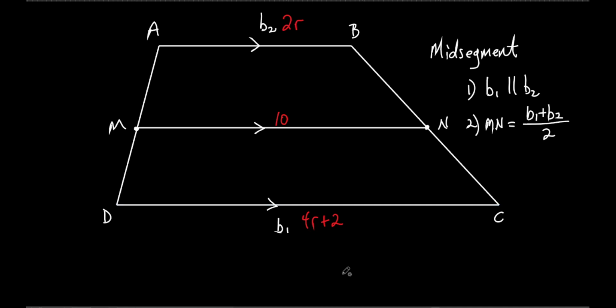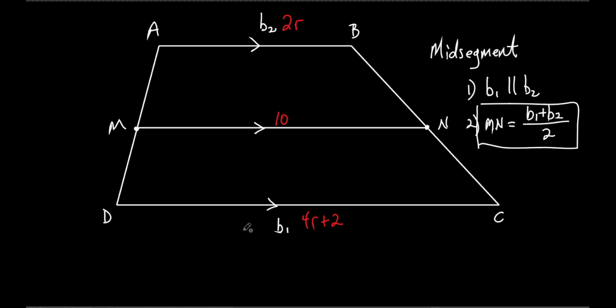So how do I find R? Well, look at this thing right here. It says MN, or the mid-segment, right? The mid-segment is equal to the sum of the bases divided by 2. Well, what do we know? That's right.